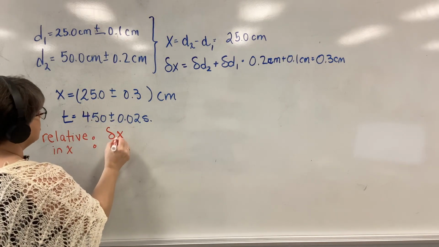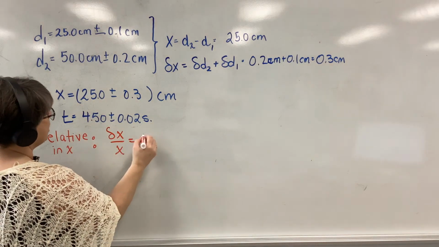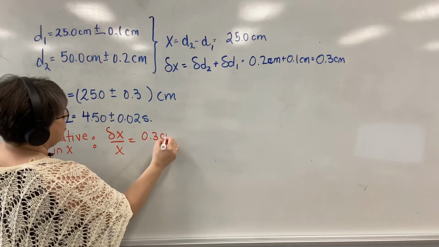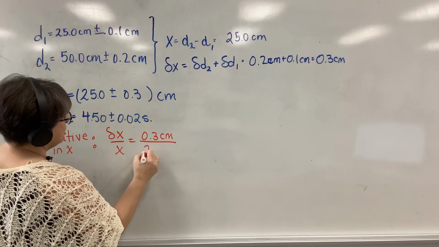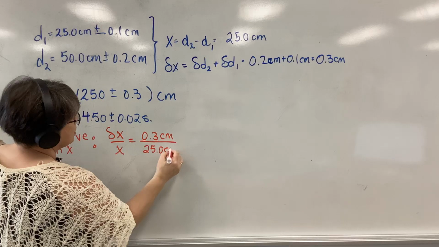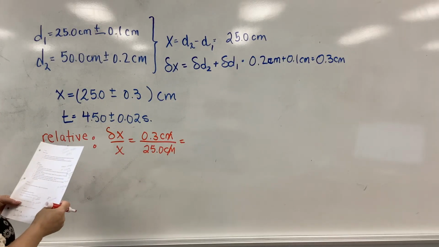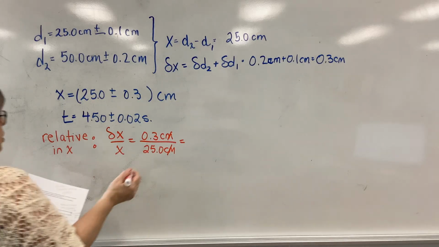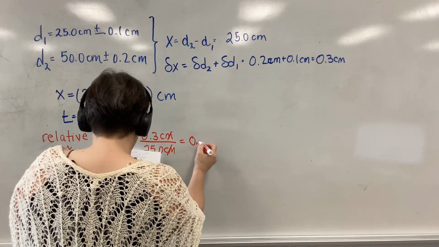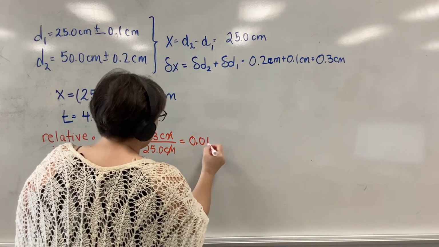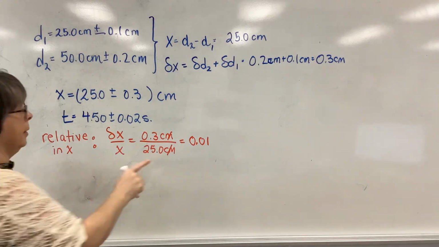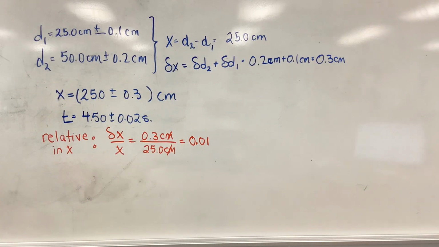The relative uncertainty is delta x divided by x: 0.3 centimeters divided by 25 centimeters. Notice that your centimeters cancels. You don't have any units with delta x over x. When we do that in the calculator, we get 0.012. We always round uncertainties to 1 sig fig. So there's our relative uncertainty in x. You do that in question 1.